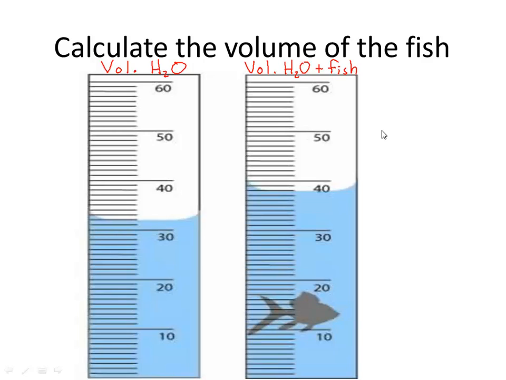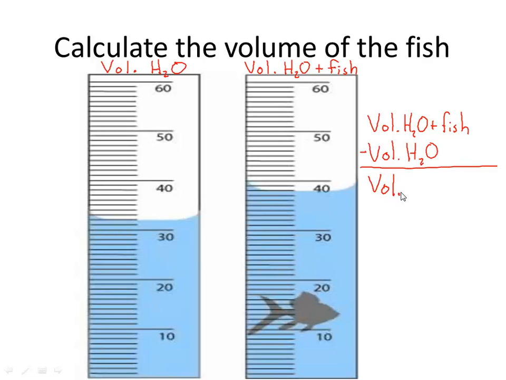So I want to know the volume of the fish. Right? So I know my volume of H2O plus the fish. What happens if I subtract the volume of the H2O? What am I left with? Volume of what? The fish. Volume of the fish.